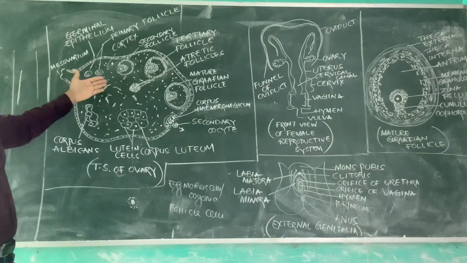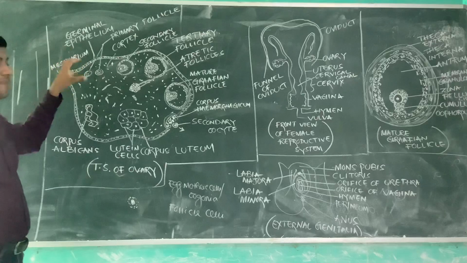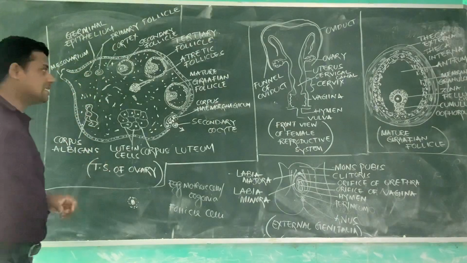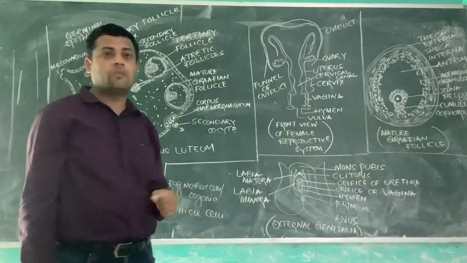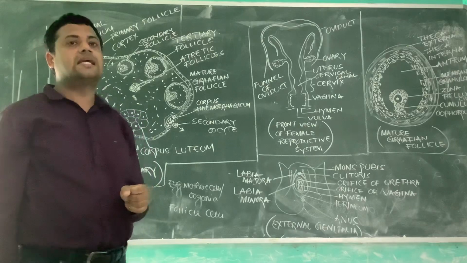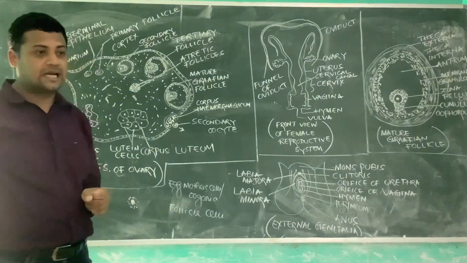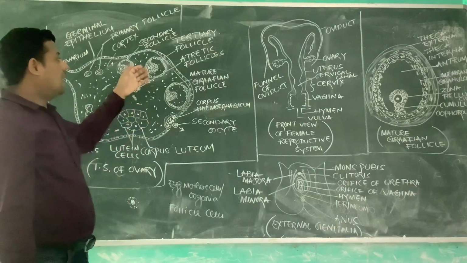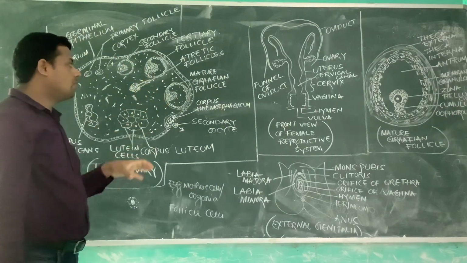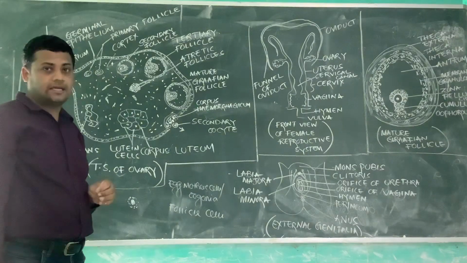From puberty, the primary follicles mature under the influence of a hormone called follicle stimulating hormone, which is secreted from the pituitary gland. After maturation, the primary follicles are called mature Graafian follicles.